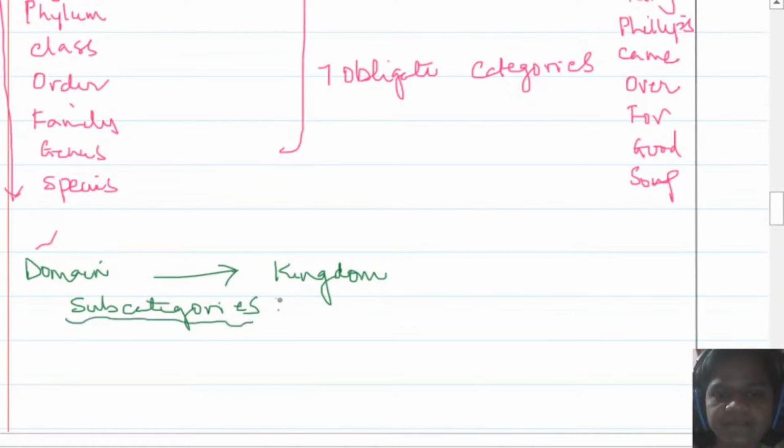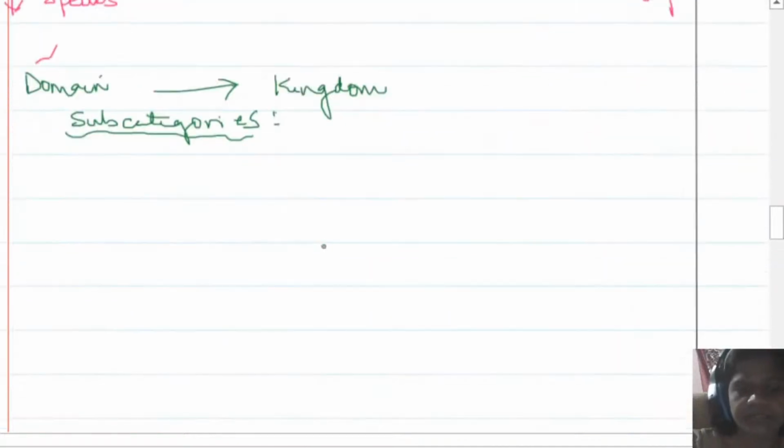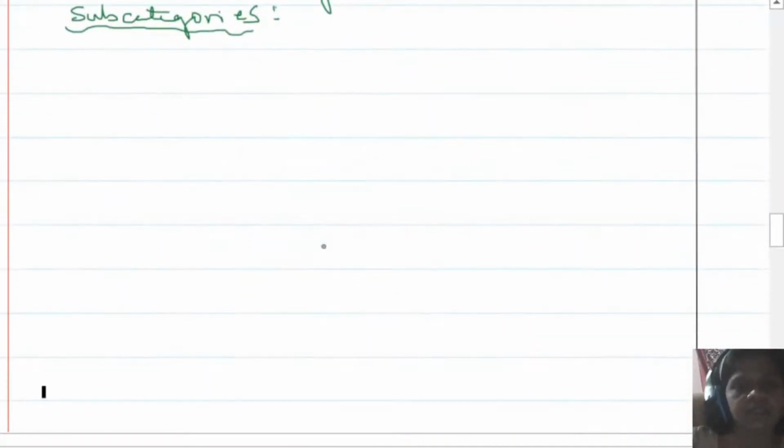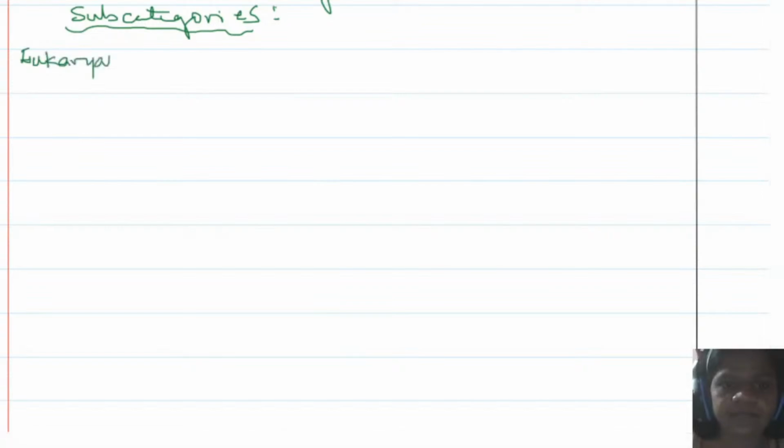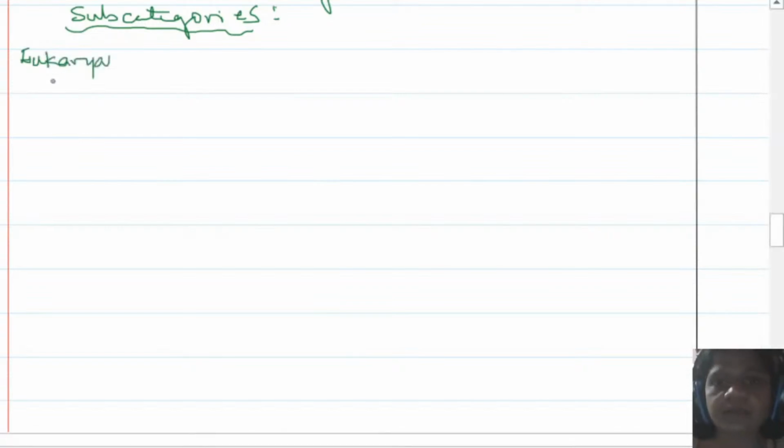We have to learn this, and it is important to know. So we know that there are 3 domains, right? Eukarya, archaea, and bacteria. But we are only interested in eukarya and kingdom Animalia.